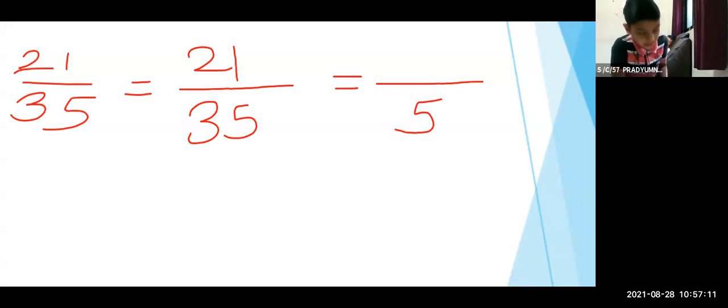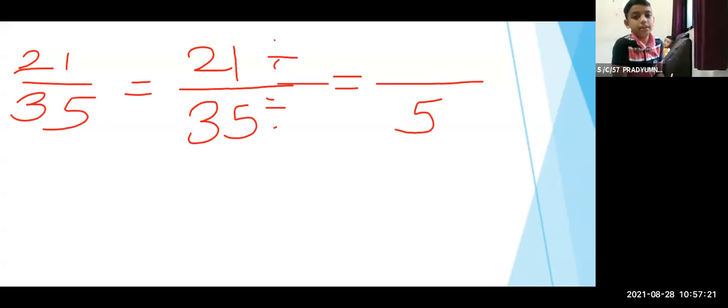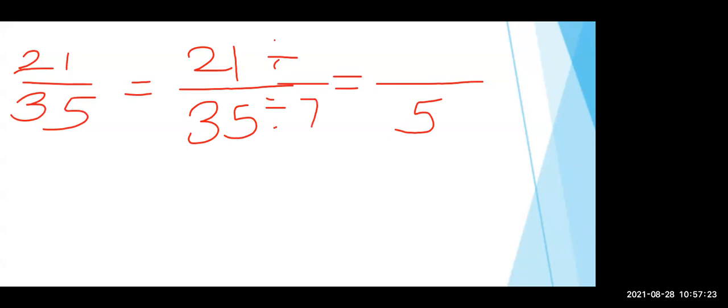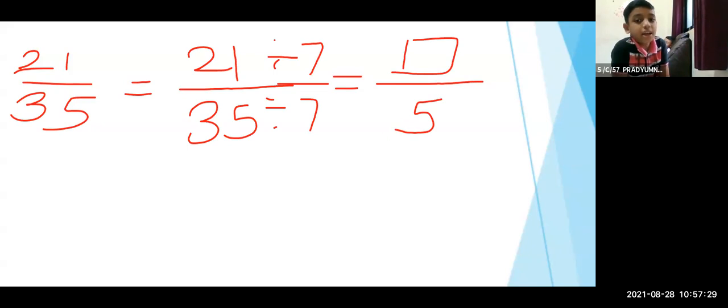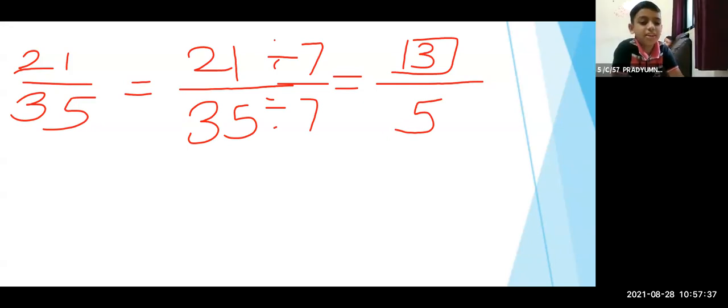Then take the sign of division. Okay. Next. And take number 7, the 7 table. Very good. 7 5s are 35 and 7 3s are 21. Very nice, beta. Mute yourself. Thank you, teacher.